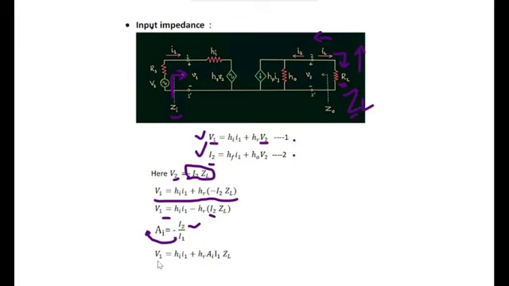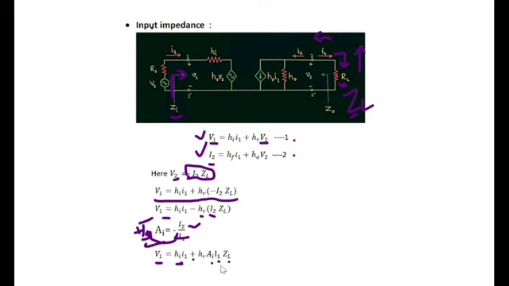Then we get the final equation V1 is equal to HI into I1, that is the same, and here minus HR into minus I1 into AI, since I2 is equal to minus AI into I1. So this minus and this minus cancel and form a plus, and the remaining term is HR into AI into I1 into ZL.